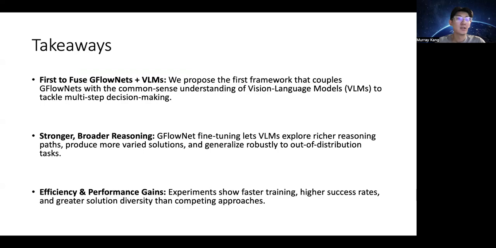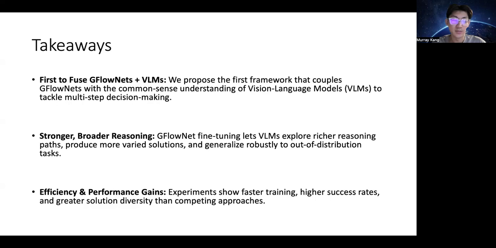Okay, and some takeaways. We are the first work to combine GFlowNet with VLM, which enables the model to do multi-step decision making. Our fine-tuning method enables VLM to explore richer reasoning paths and diverse solutions, and also generalize more robustly to OOD tasks.